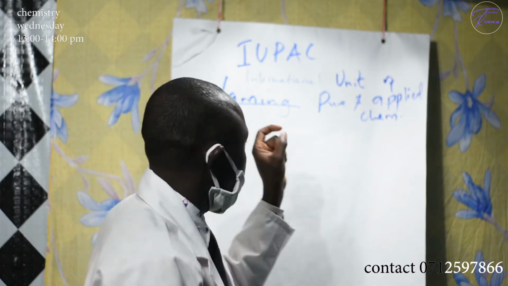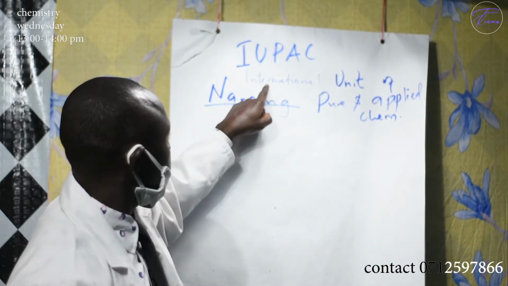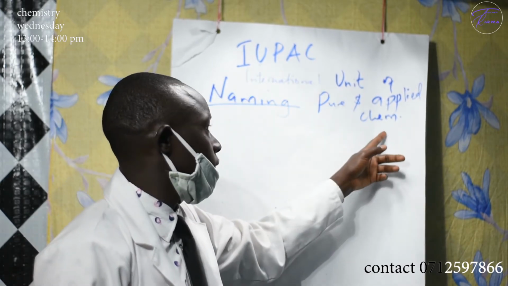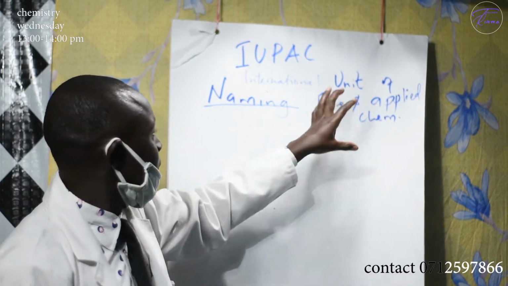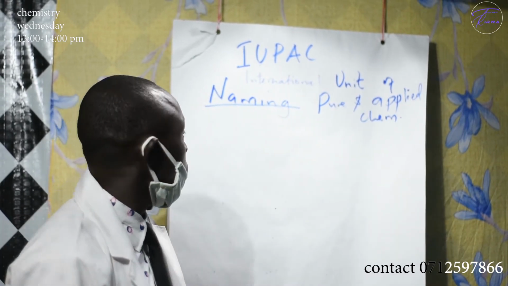Now, the naming that we do in organic chemistry follows the International Union of Pure and Applied Chemistry rules. This is a union which gives rules on how organic compounds are named.